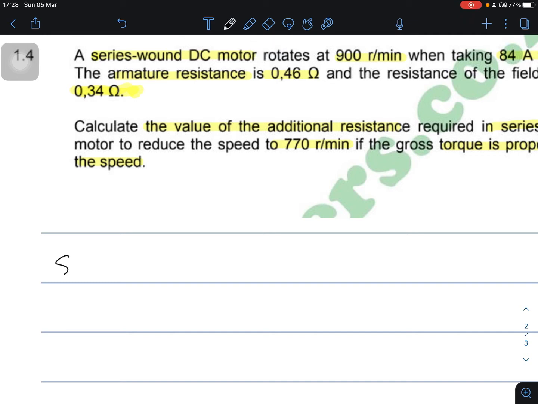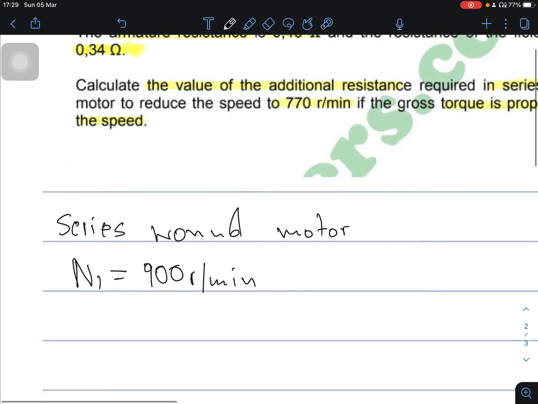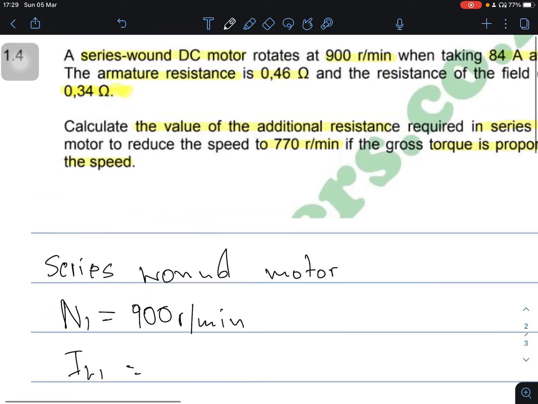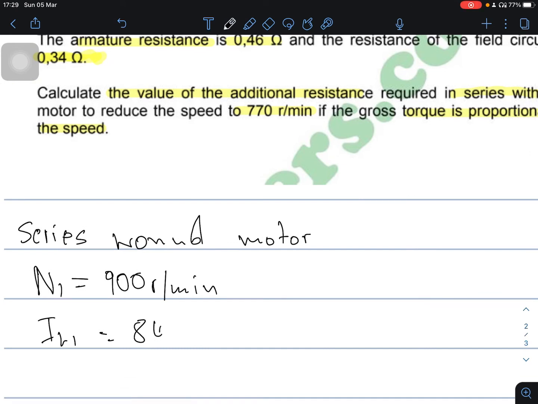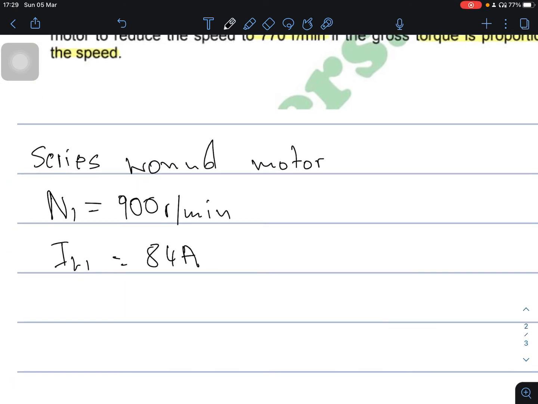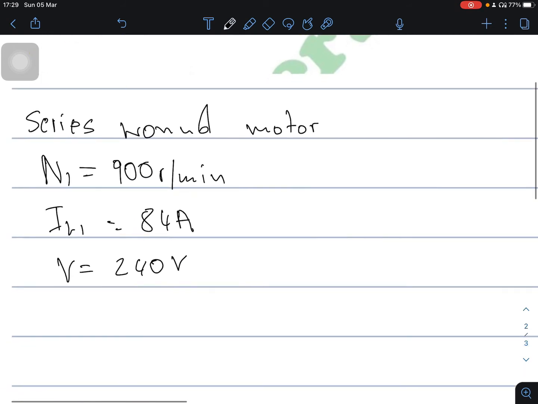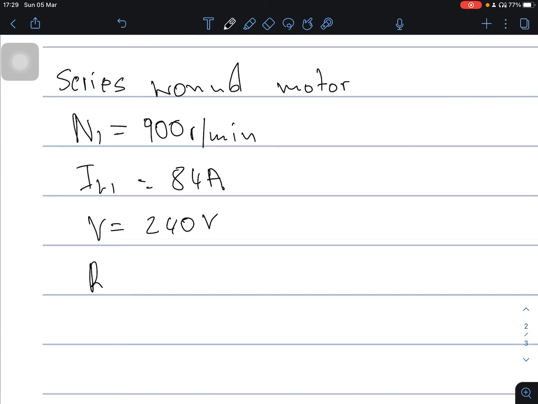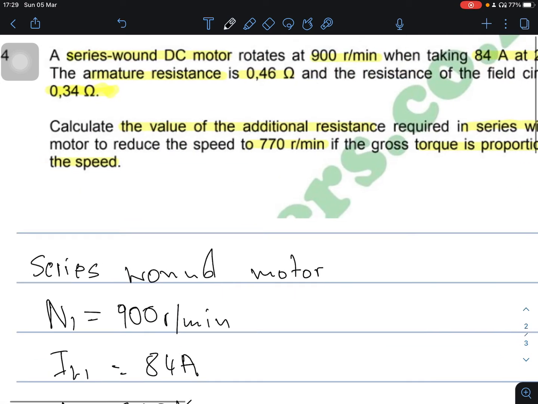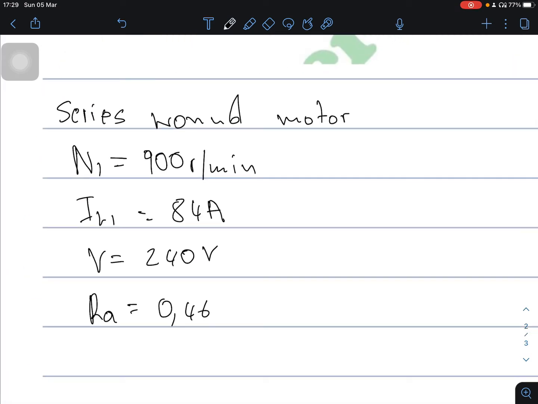It is a series wound motor. We are given N1 as 900 revs per minute, I load 1 is 84 amps, V is 240 volts, RA is 0.46 ohms.